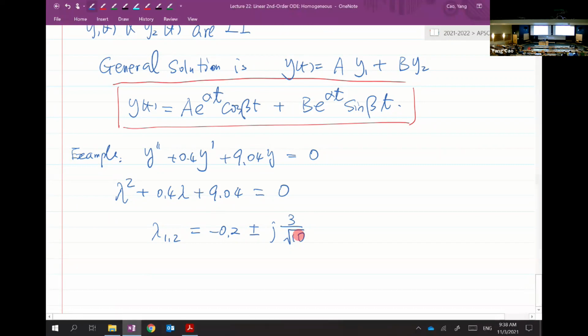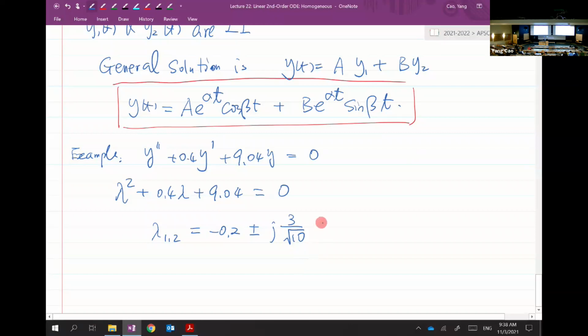Sometimes you don't need to calculate what root 10 is. Just keep it as this clean expression, 3 over root 10. That's fine. Or you write it as 3 root 10 divided by 10, and that's fine too.